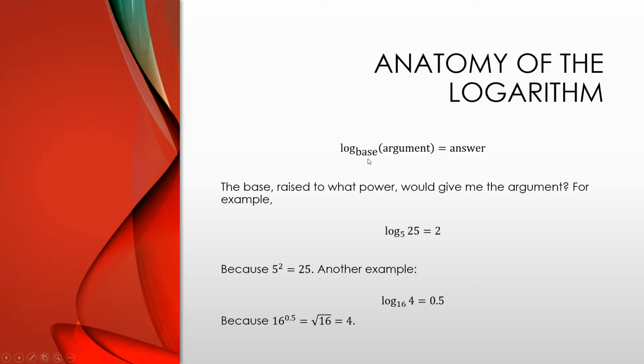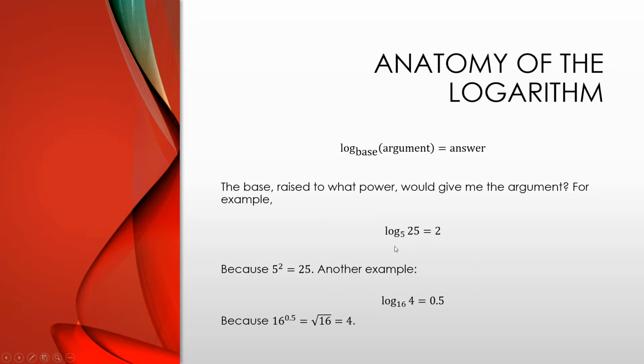Really, logarithms talk a very specific way. They're slightly different than the way you're used to talking about exponentials, but they're very similar, right? You got some base, you got your argument, that's what's going into your logarithm, and then your answer is what's coming out. So for instance, log base 5 of 25 is 2, right?